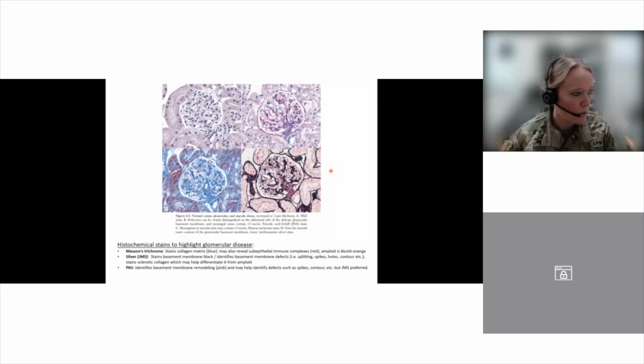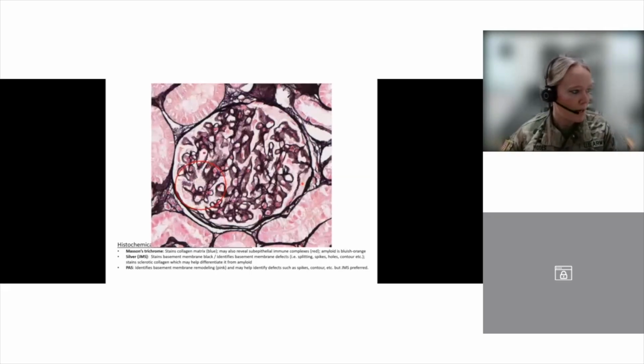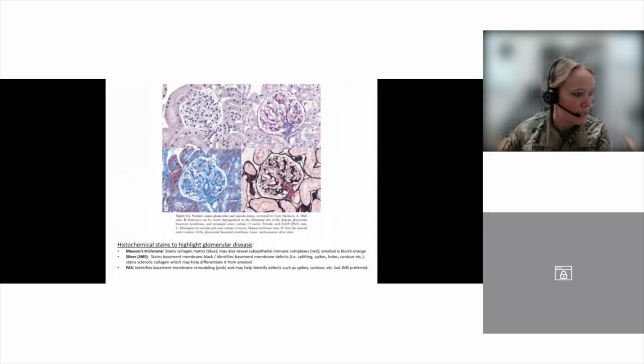These are all normal glomeruli and how they would stain with those different stains. But I did add one image here that just shows you some of the utility of a silver stain. So if I go back real quick, if you look at this silver stain, it's all pretty homogeneous, pretty thin, uniform. Silver stains can be a little messy, so these can be a little hard to read.